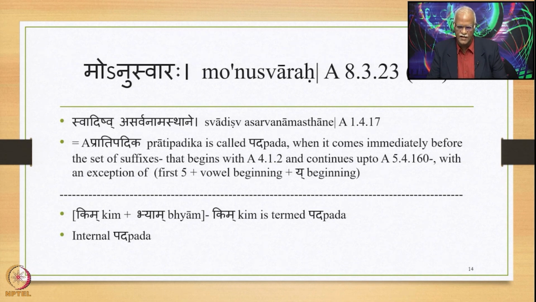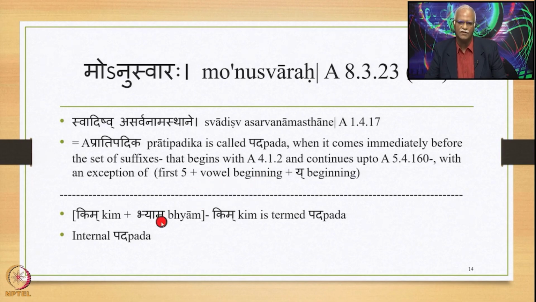Here is an example. So if we have kim plus bhyam, so kim has got ma at the end over here, followed by bhyam. Now bhyam is a suffix that is stated in 4.1.2. It is not amongst the first 5. It is not a vowel beginning.